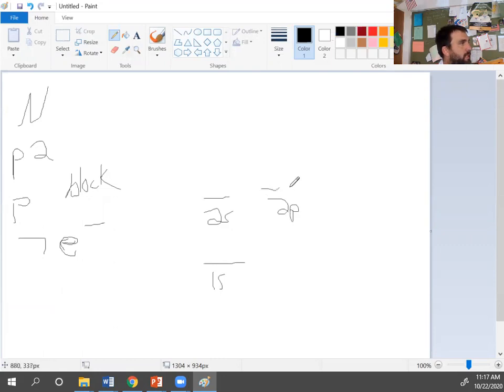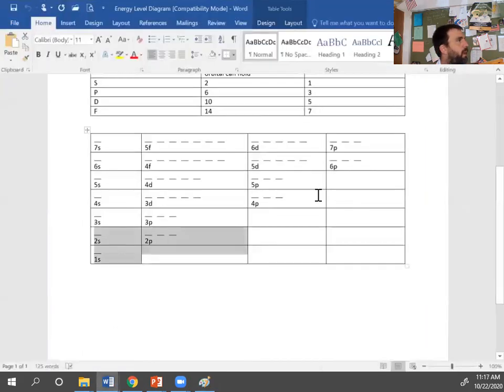That's exactly what my energy level diagram looked like. I'm drawing up to the period, over to the block. Does that make sense to everyone?